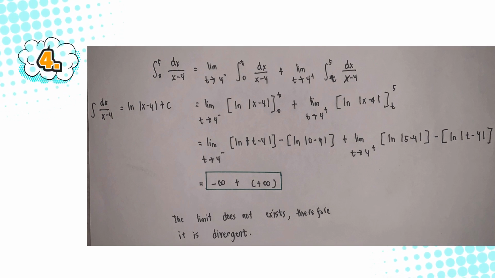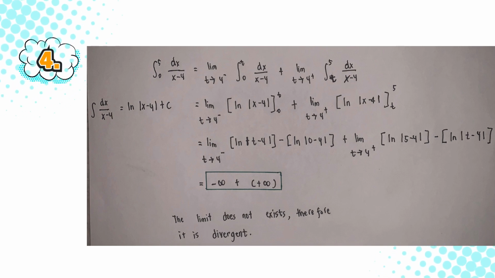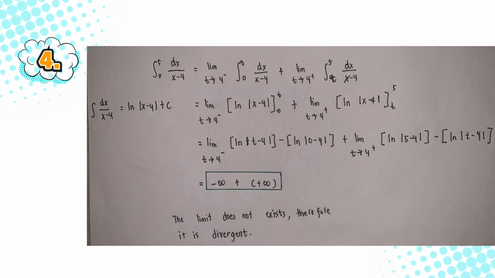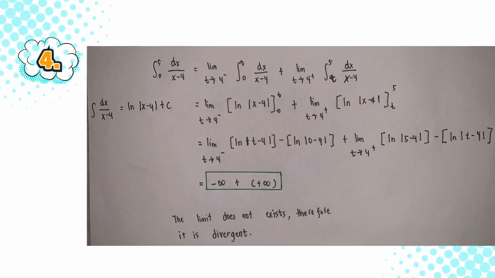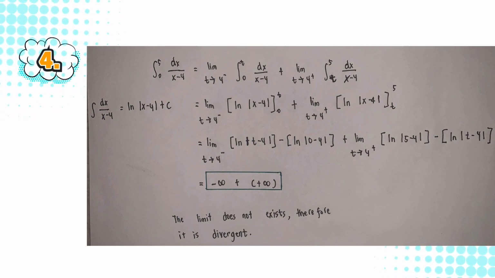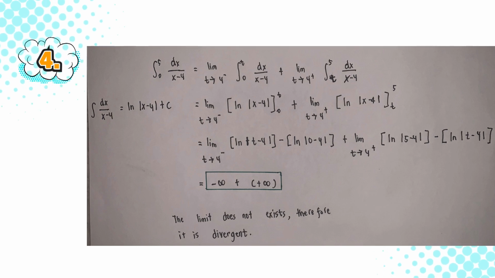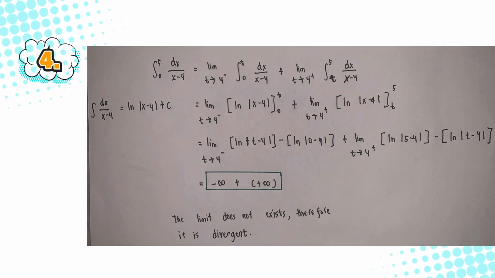So the integral of dx over x minus 4 from 0 to 5 is equal to negative infinity plus positive infinity. So the limit does not exist, therefore it is divergent.